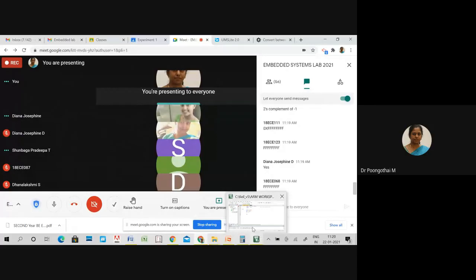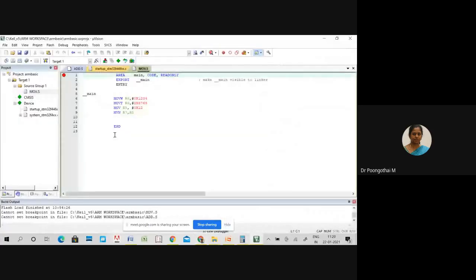Next I am going to explain the operation of the move top instruction. So what is the first instruction? MOVW R6, #0x1234. It is a 16-bit hex value.